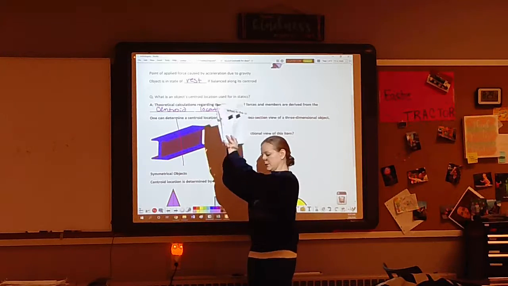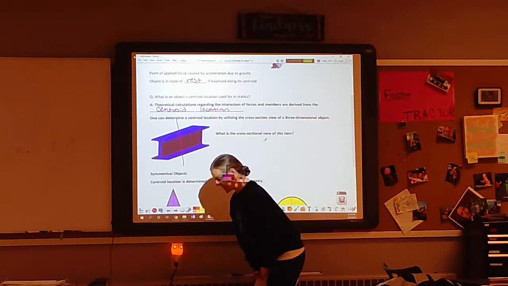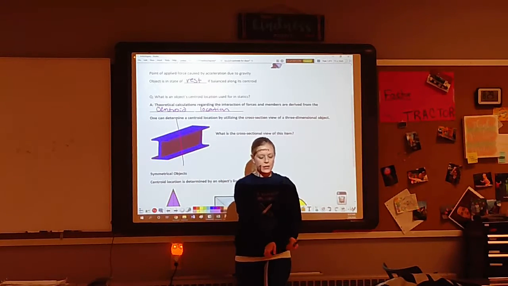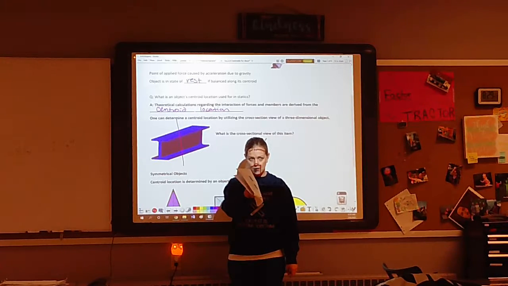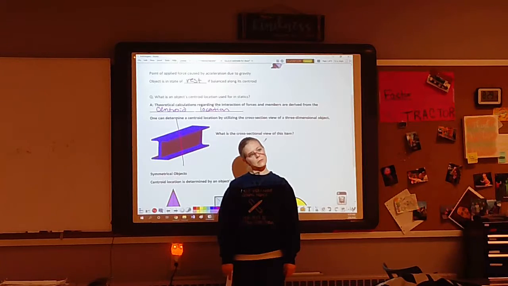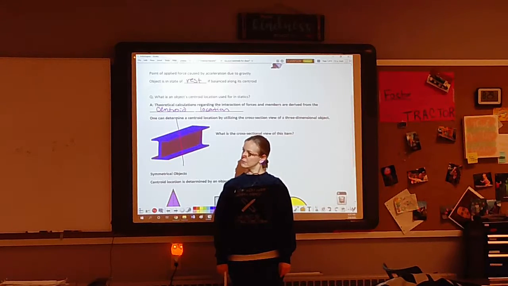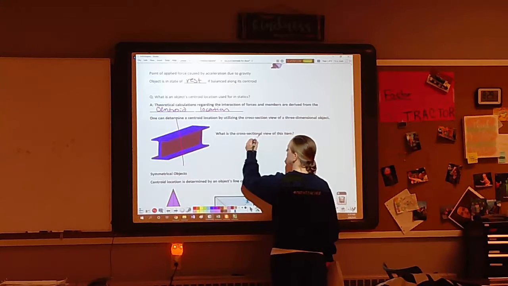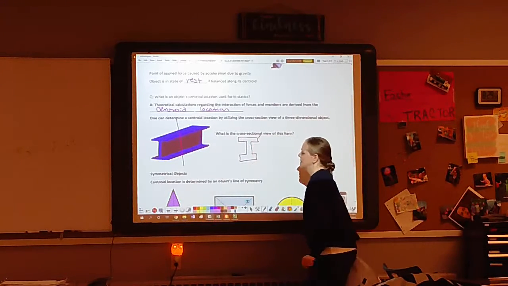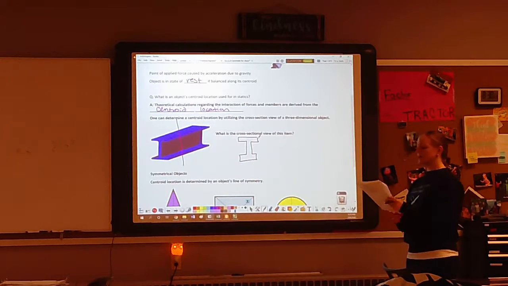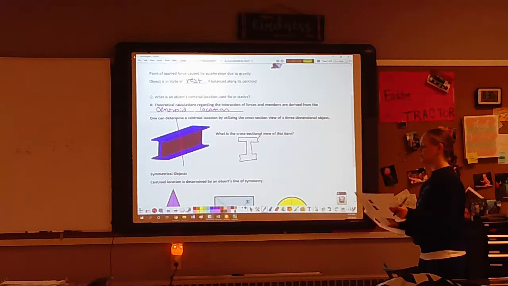You're going to cut it in half like that, and then you're going to look at the face of it. What's it look like? Looks like an eye. Yep. And it'll look like this. So cross-sectional views, it's an eye view, so it's going to look like an eye no matter where you cut it.